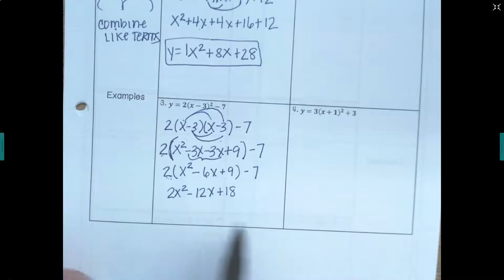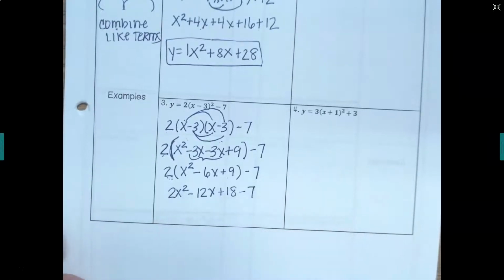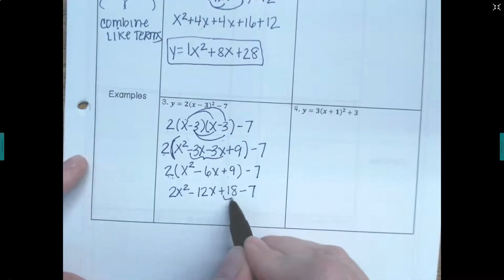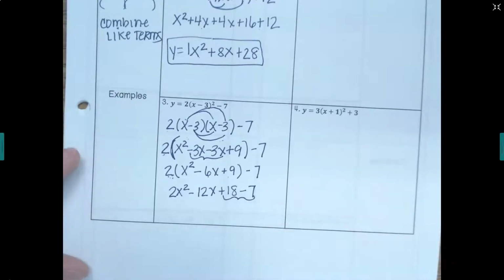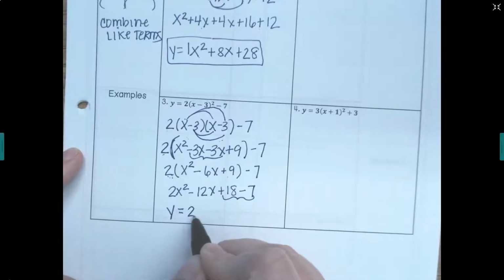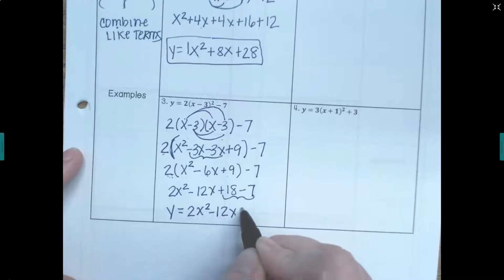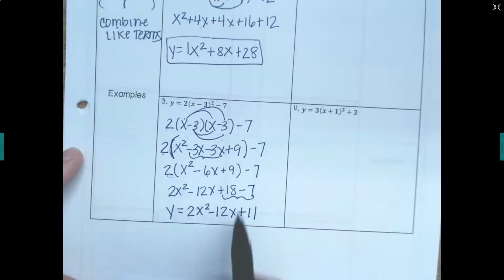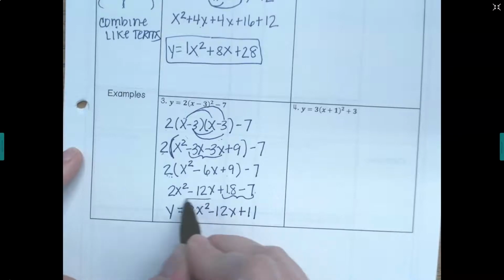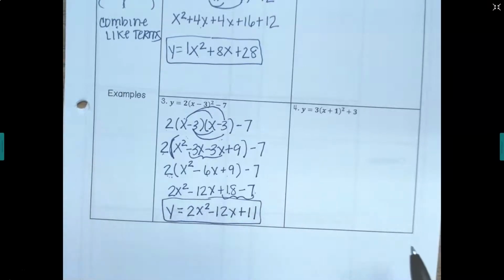Now the parentheses can drop because I've done everything I need to do. Minus 7. We have one last set of like terms right here. So our final answer is going to be 2x squared minus 12x plus 11, because 18 minus 7 is 11. Now I'm in standard form from vertex form.